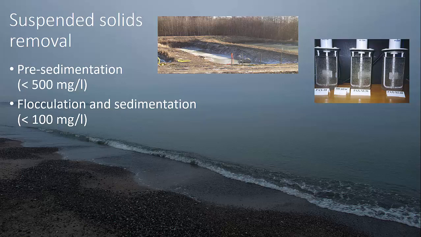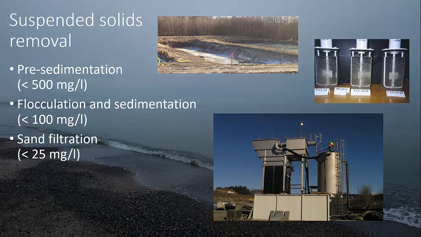So flocculation, sedimentation, and then finally sand filtration. After flocculation and sedimentation, you will be running below 100 milligrams per liter. After the sand filtration, below 25 milligrams per liter.